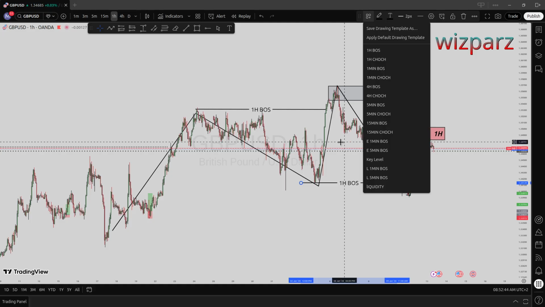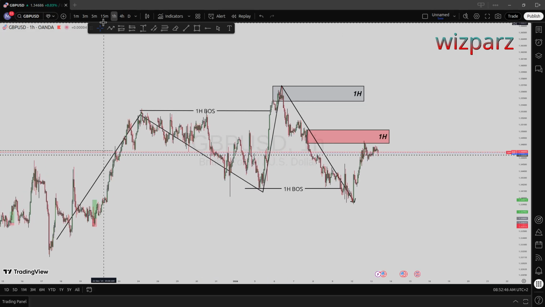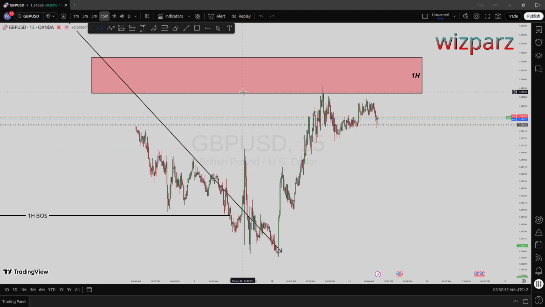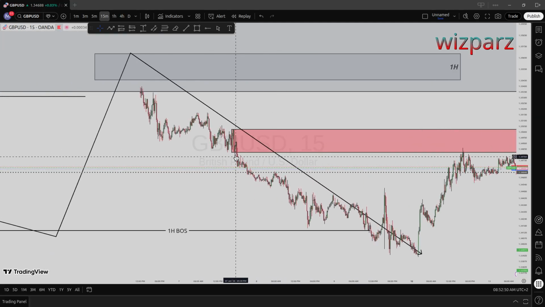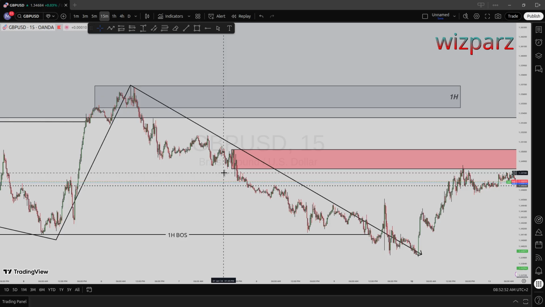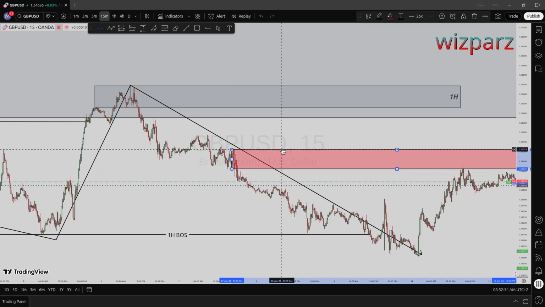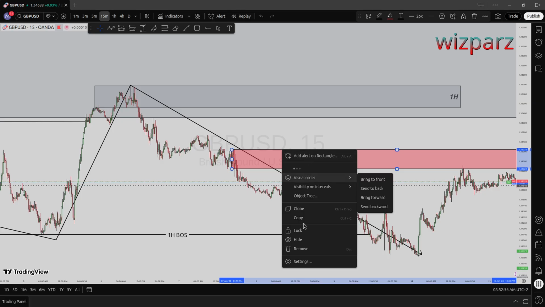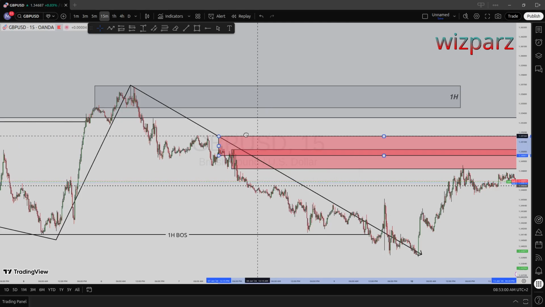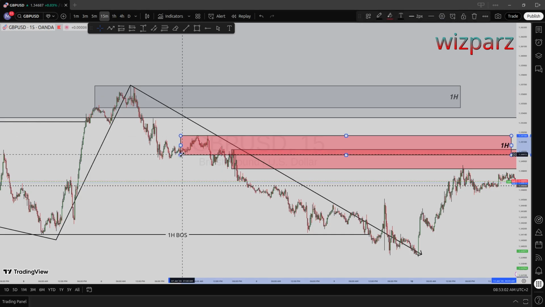Here we scale to the 15-minute time frame and look for our major supply area. This is the first supply area, and this is also our other supply area.